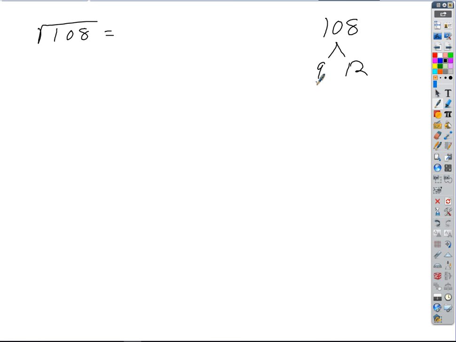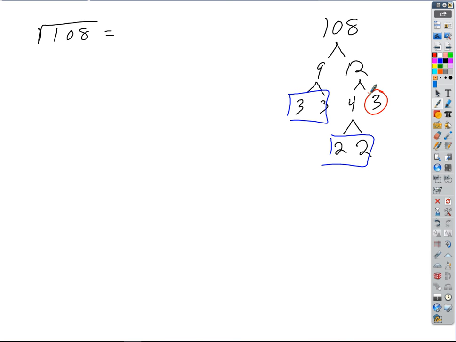How about 9? 3 and 3. 12? 3 and 4. Okay, so there's a couple. There's a couple. There's a single. So what numbers go outside? 3 times 2 times square root of 3. So we get 6 square roots of 3, right?